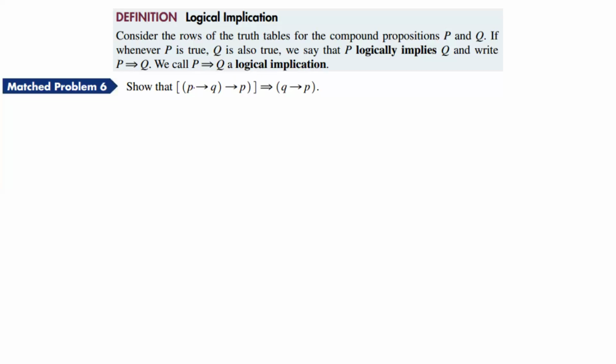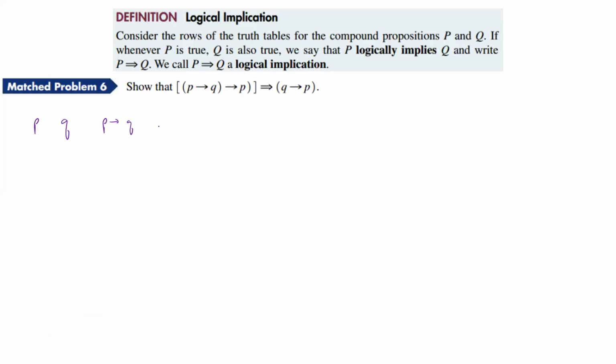Okay, so what we want to do is show that that's the case here. So we're going to again have our P, we're going to have our Q. We're going to have if P then Q. We're going to have if P then Q, then P. Oh, I guess I don't want to write it that way. I'm trying to write what I was saying.